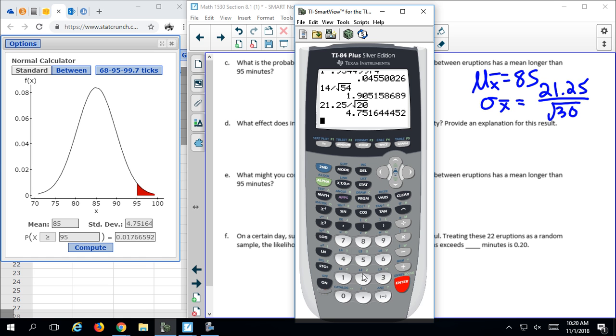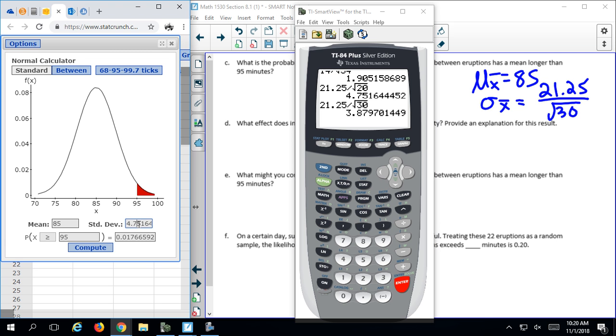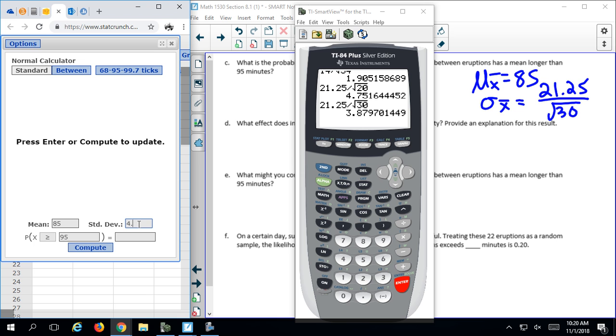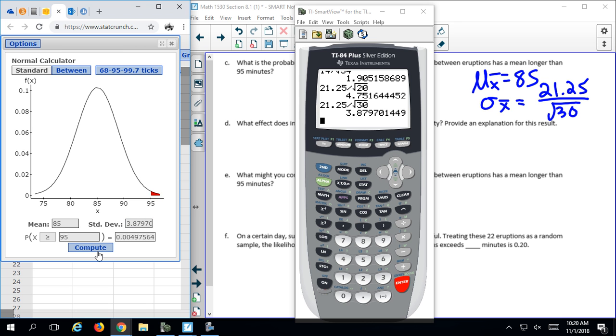So I'm going to find out what this standard deviation is in a decimal form. And I'm going to replace my standard deviation in the normal calculator. And again, I just type the whole thing out.